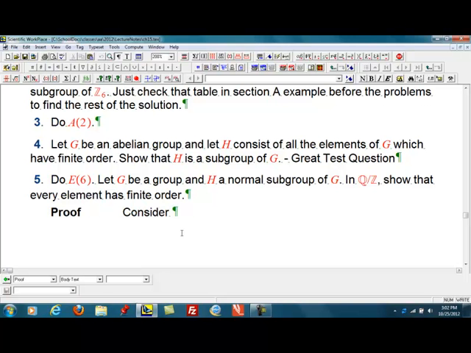So let's consider our quotient group Q mod Z. If we take an element in Q mod Z, what does it look like?